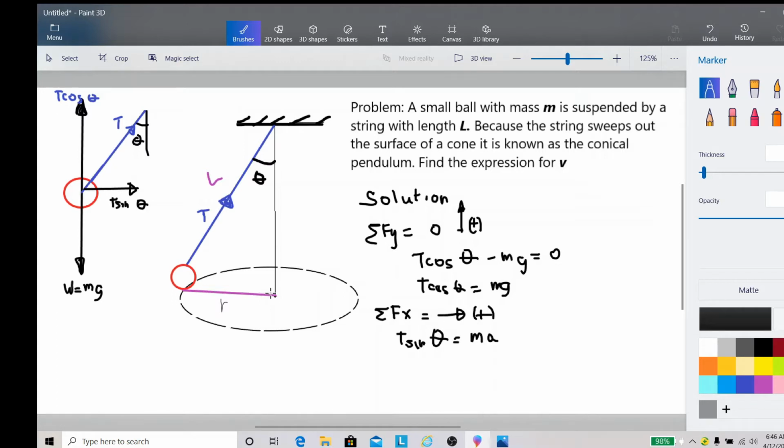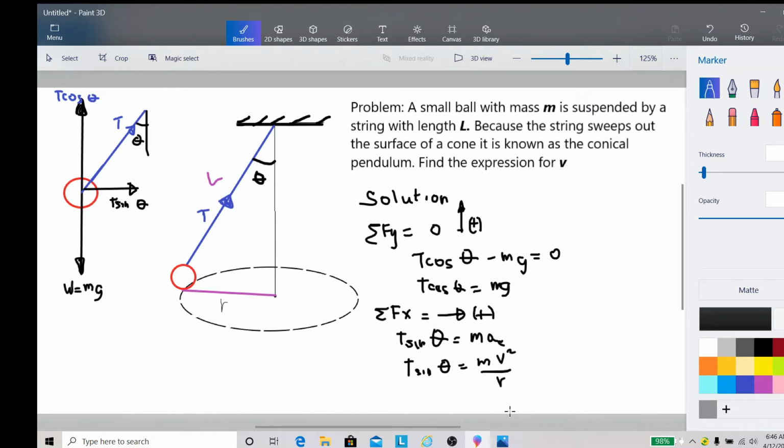So this is the centripetal force, and that is equal to ma, where a is the centripetal acceleration. Let us try to simplify it further. T sine theta is equal to m times centripetal acceleration, which has a formula v squared over r, so that is m v squared over r.